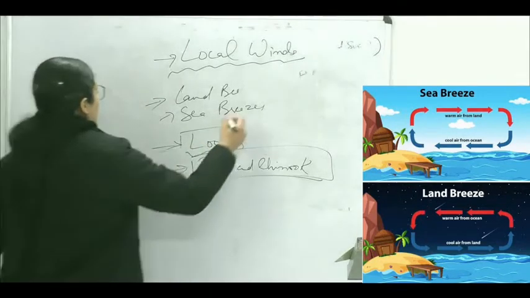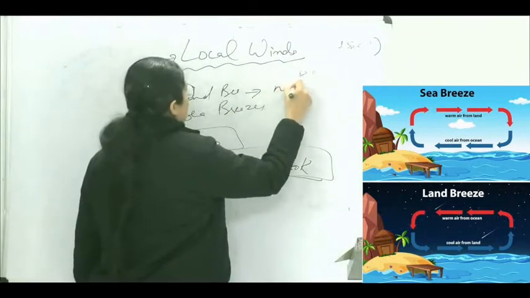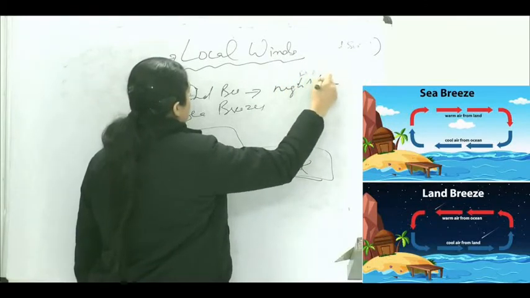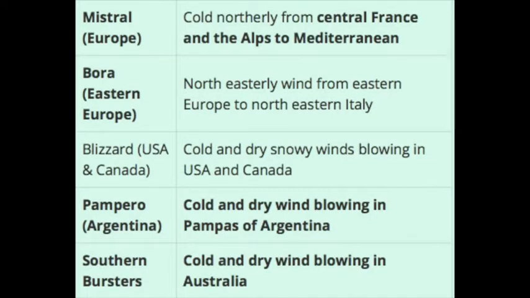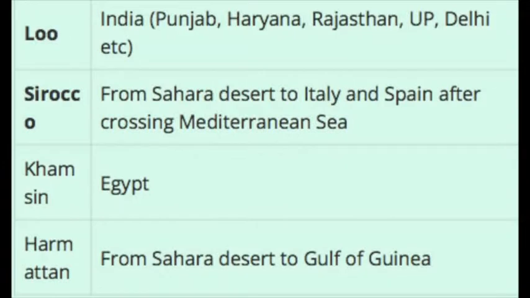Land breeze in the coastal areas during night time, sea breeze in the coastal areas during the day time, right. So there is a table on your screen which shows some local winds in the areas where they blow.